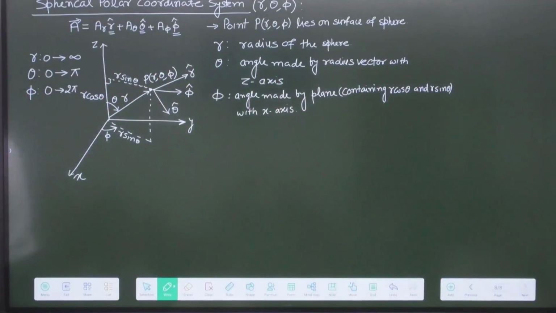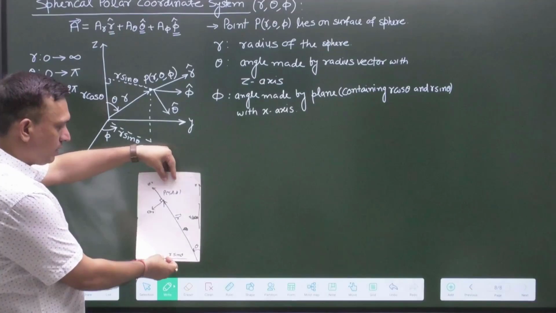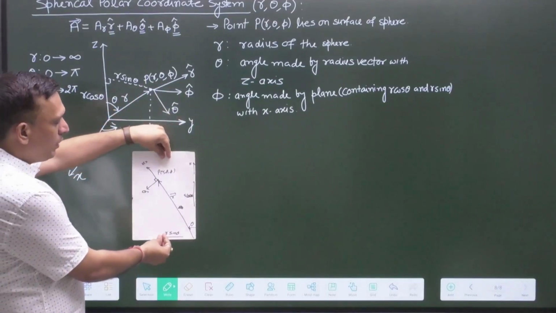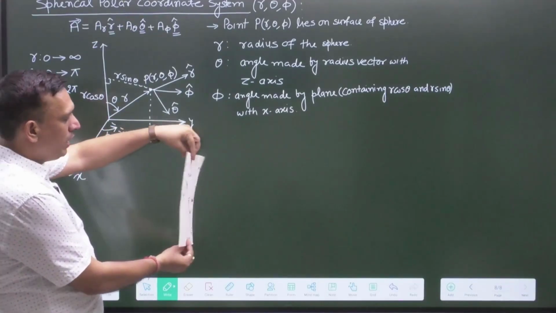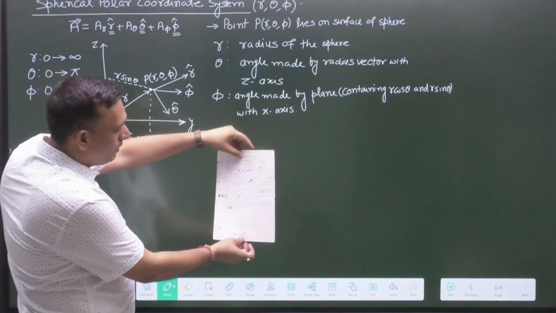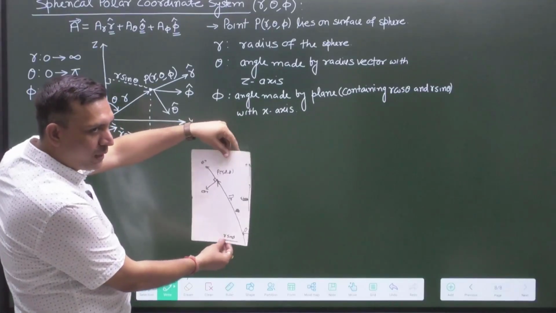But what about phi? Phi is the angle made by this plane with the x-axis. So when it is parallel to the xz plane, what will be phi? 0. When it is parallel to the yz plane, pi by 2. Again pi, 3 pi by 2, 2 pi.